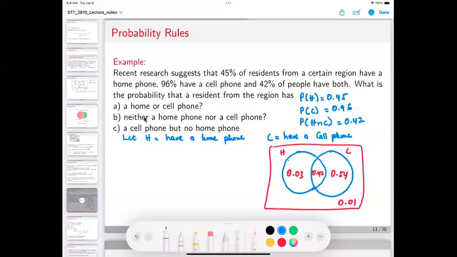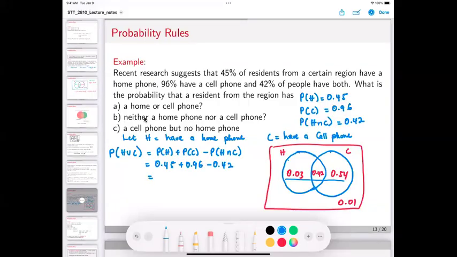Now, let's come to a home or a cell phone. To get that, you can add all these things here. You'd get that. Is that okay? Or we could also do home or cell phone equals P of H plus P of C minus P of H intersection C. P of H is 0.45 plus 0.96 minus 0.42.